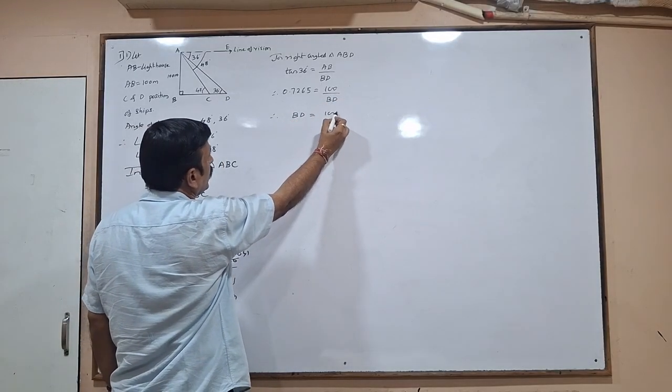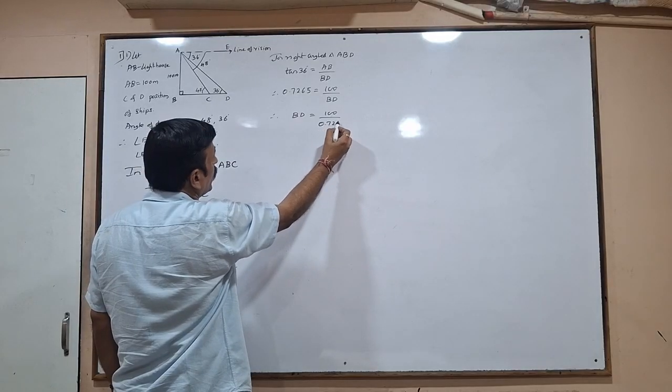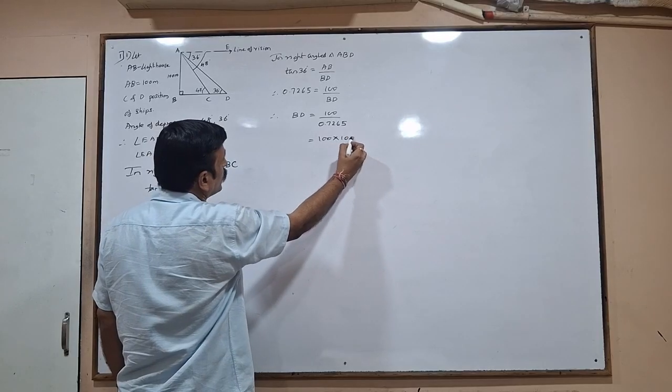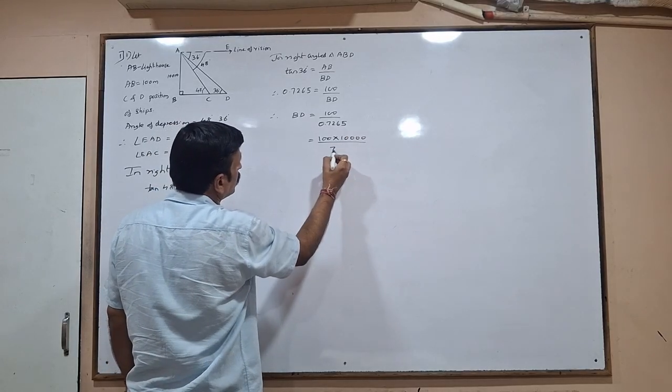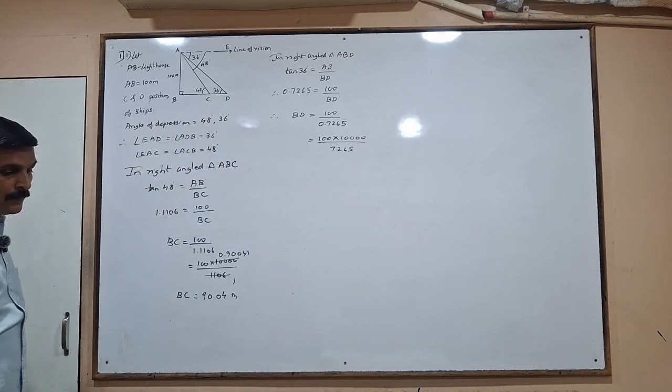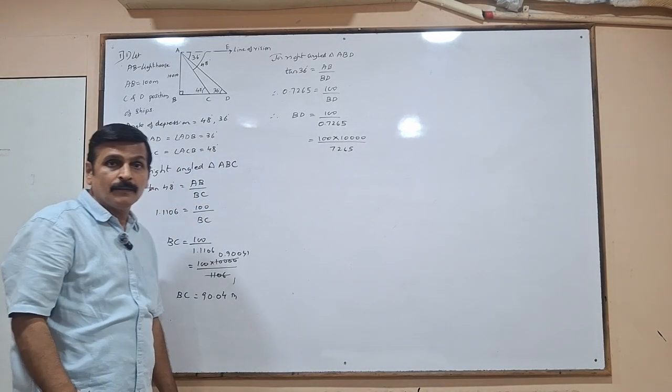So BD will be 100 upon 0.7265, which is 1,000,000 upon 7265.